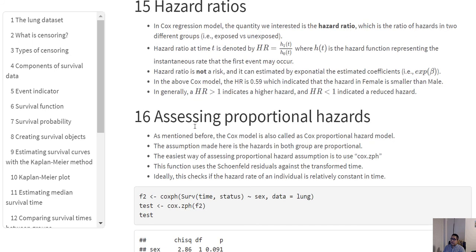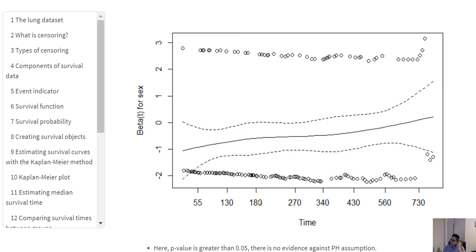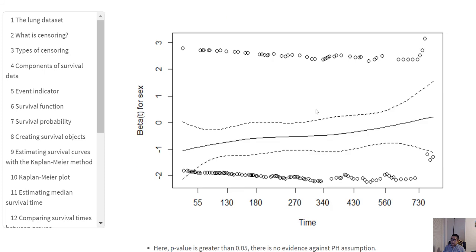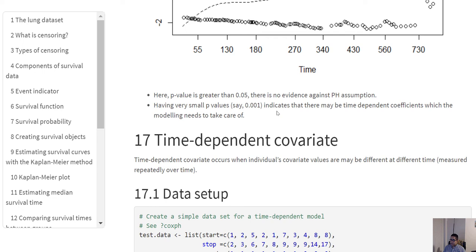So we are plotting the Schoenfeld residuals against time, and we are seeing that the line in the middle is not wildly varying, and we can also see that the p-value from the cox.zph test is not significant. So that does not give us any evidence that there was any violation of the proportional hazards assumption.